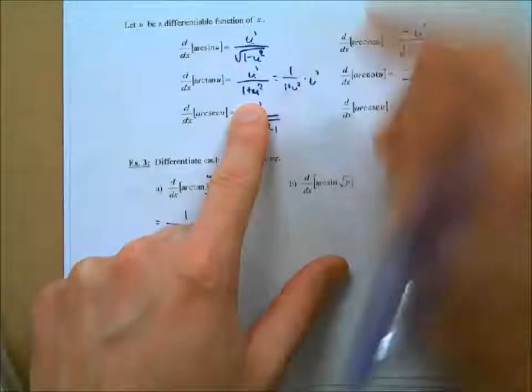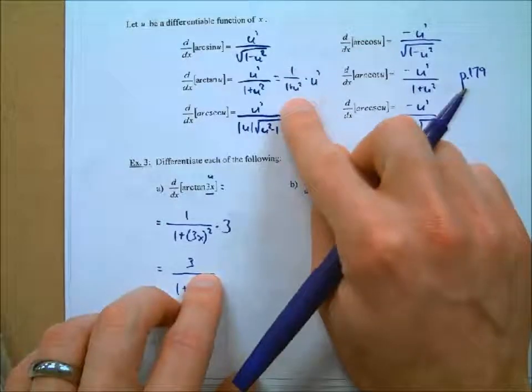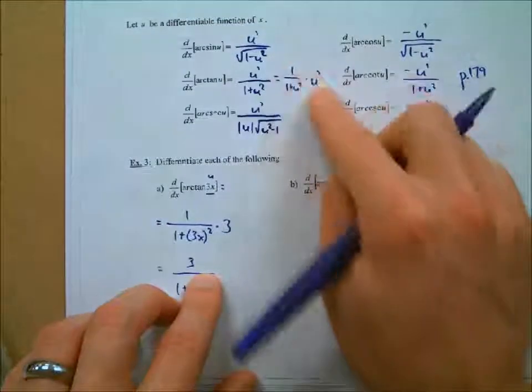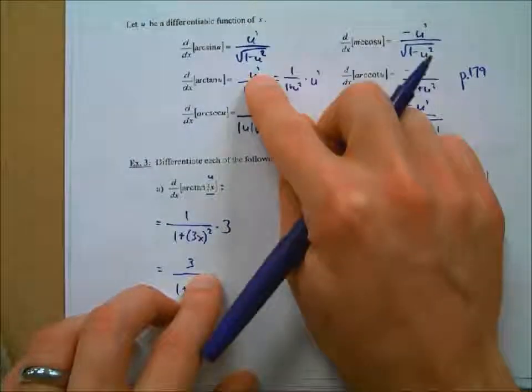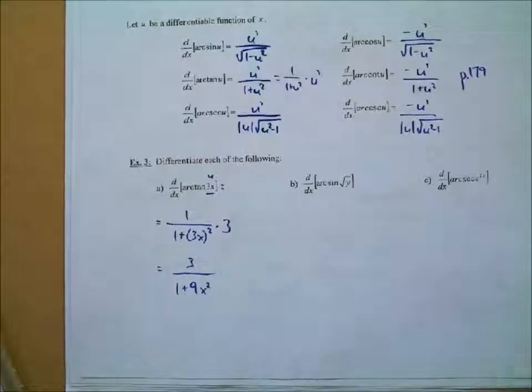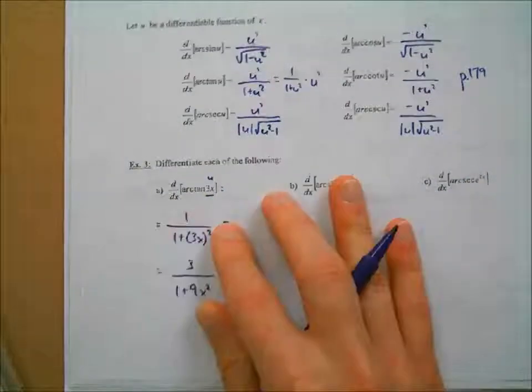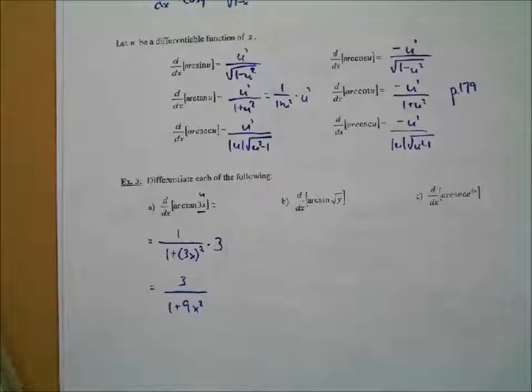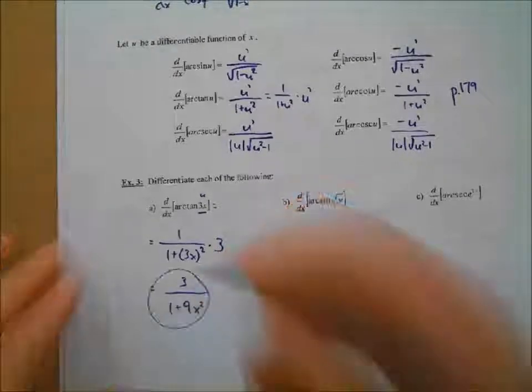That's maybe a more obvious version of the chain rule, but they write it this way because when you multiply this, the u prime will end up going up in the numerator there. That's all. I'm glad you asked that because it is a little strange that they do it that way, but I think it's just for simplicity's sake, although I think it makes it more complicated sometimes. But it's really just application of the chain rule. That's all. Okay.